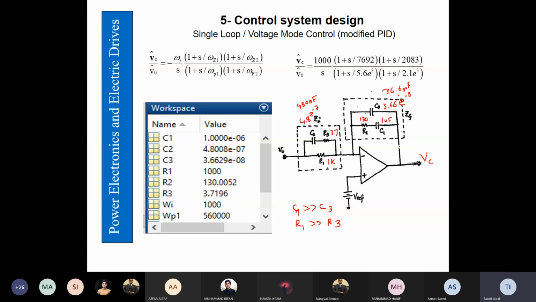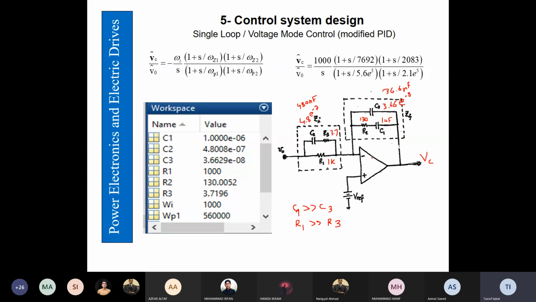C3 is 36 nanofarad. C2 is irrespective of this, but it is also a very small value, I think 0.48 microfarad, or 480 nanofarad. Then come the values of R's. R1 is 1K, R2 is 130, R3 is 3.7 ohms.